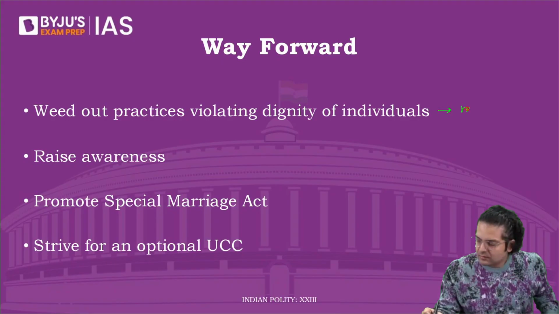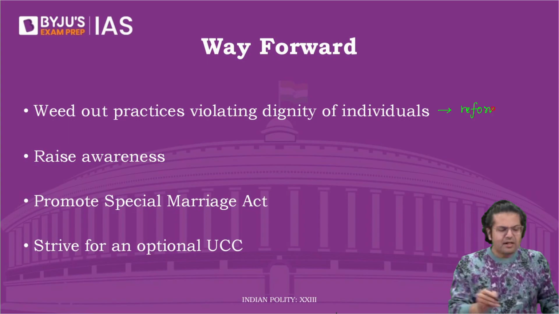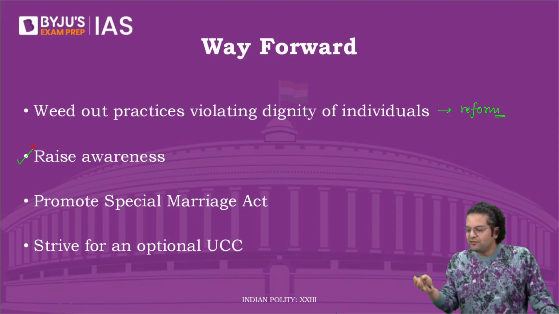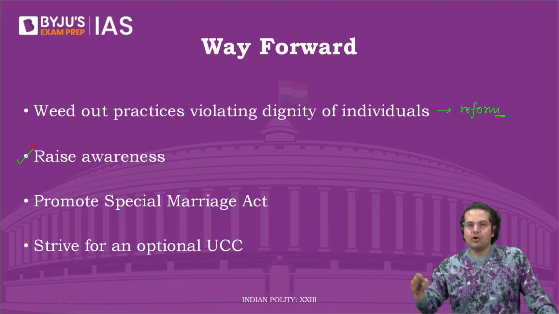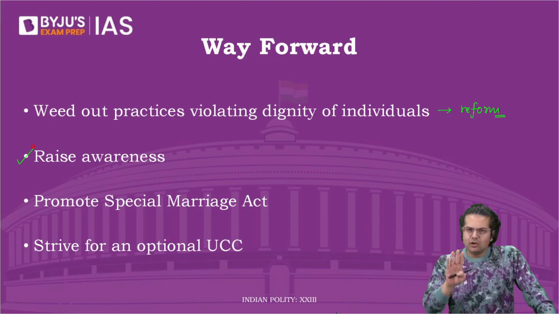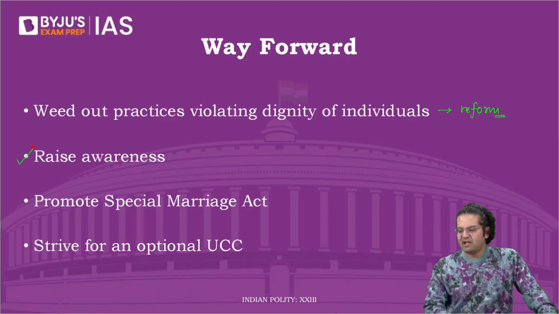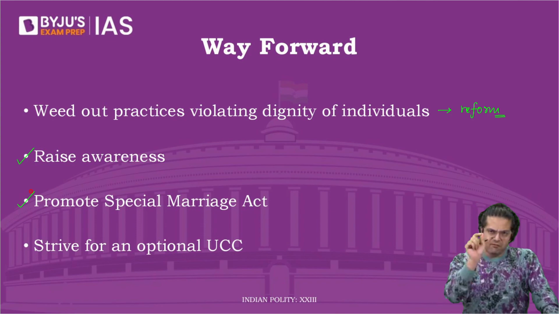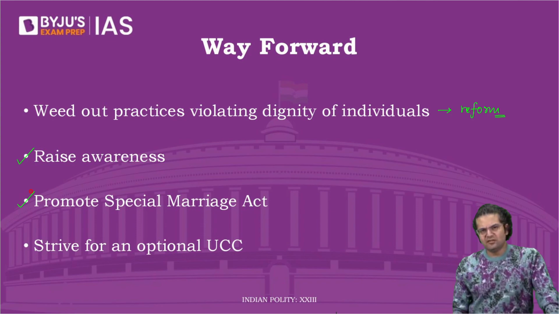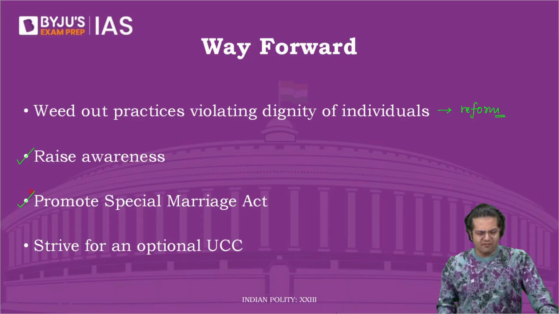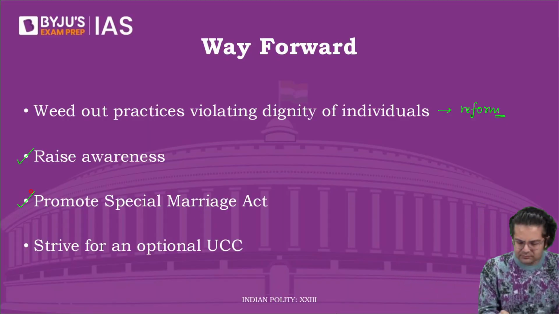And see, raise awareness amongst people about the importance of a religion neutral law. And don't we already have a religion neutral law in the country, the Special Marriage Act? Tell me one point where you have seen a minister promoting that we have a Special Marriage Act. Why don't we promote this?